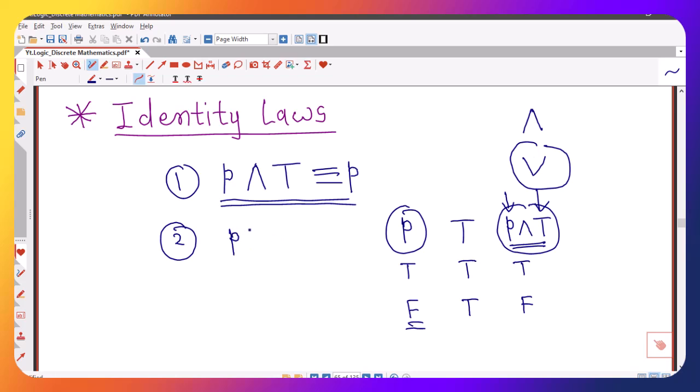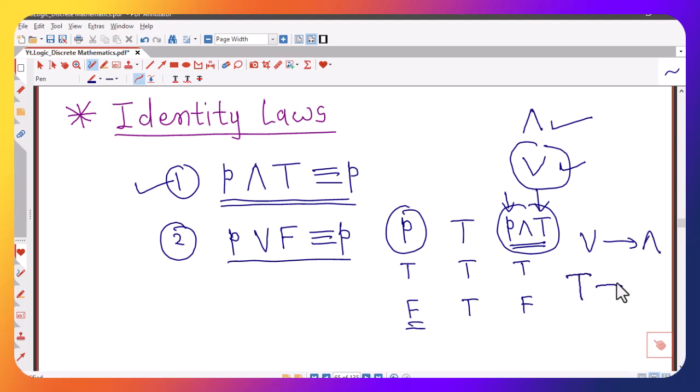Here I will write P, AND will be replaced by OR, T will be replaced by capital F, and this is equivalent to small p. So we will write only one law, and the other law we can write simply by replacing AND by OR or OR by AND, and T by F or F by T.